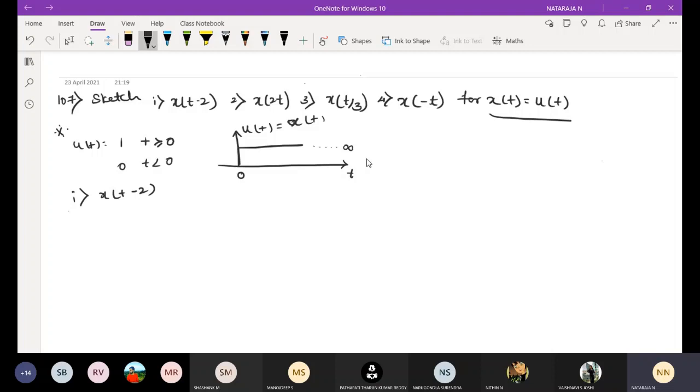I need to find x of t minus 2, so replace t by t minus 2: 0 is less than or equal to t minus 2, which is less than or equal to infinity. If I add 2 throughout the equation, I get 0 plus 2, so 2 is less than or equal to t, less than or equal to infinity. Adding 2 to infinity does not change it.